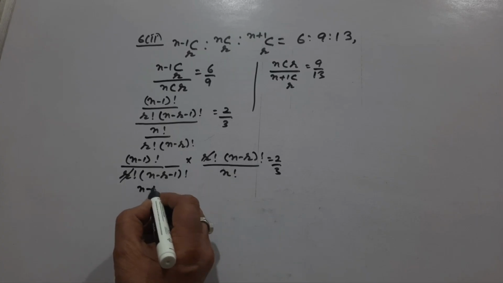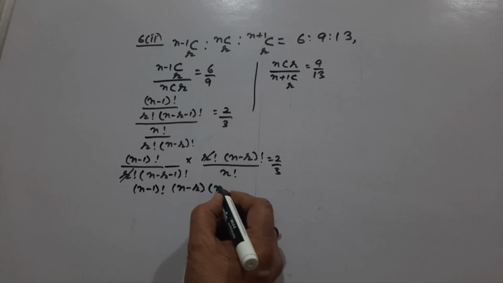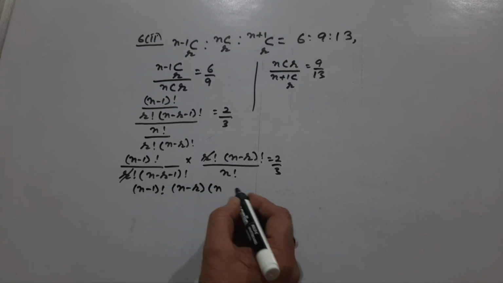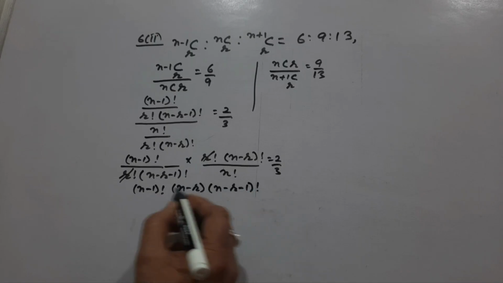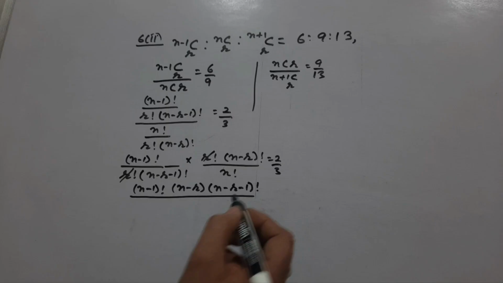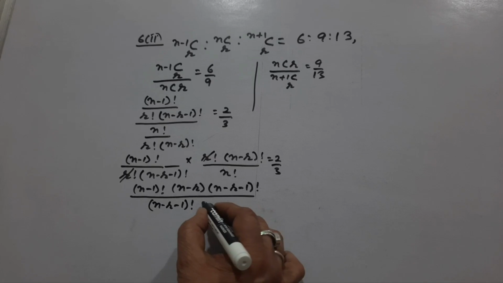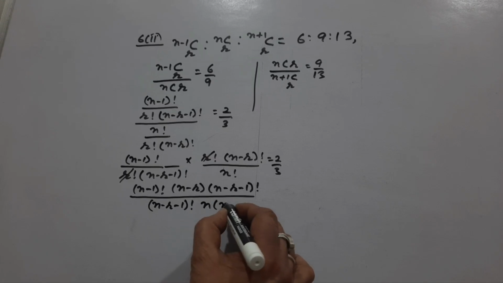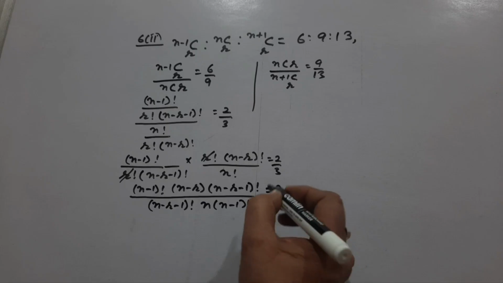So the number which is greater, we have to solve that. So n minus r is greater than n minus r minus 1. So we solve n minus r, and we can write n minus r factorial as n minus r into n minus r minus 1 factorial, n minus r minus 1 factorial as it is, and write n factorial as n into n minus 1 factorial equal to 2 by 3.